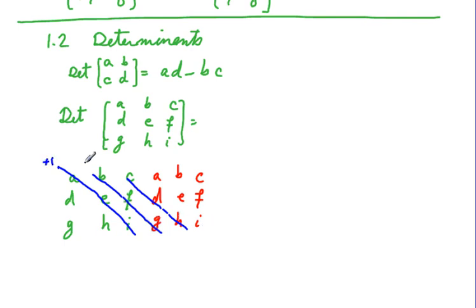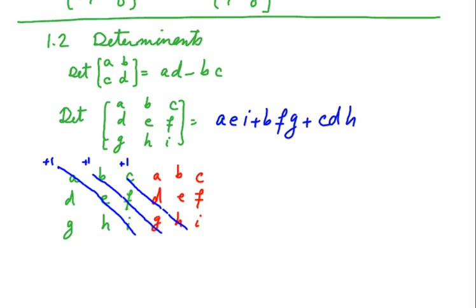Multiply all of them by +1. So you are going to have AEI and then BFG and then CDH.